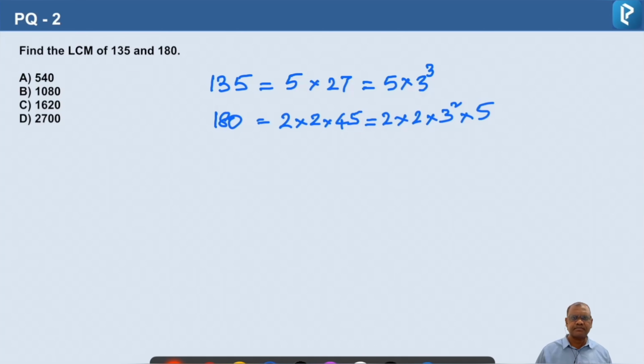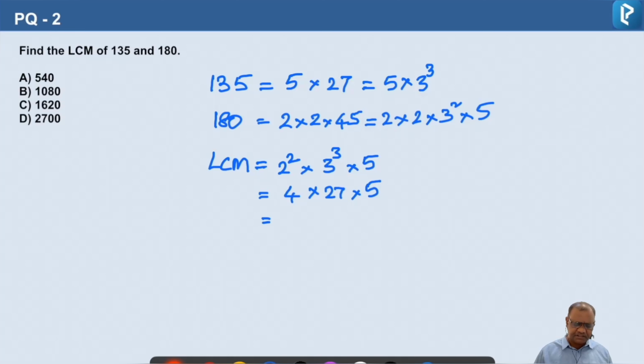Now, let us find the LCM by taking the highest powers of all the numbers. So, first of all 2, the highest power is 2 because 2 is 2 times. Similarly, 3 is 3 times the highest power and 5 is only 1 time. So, if you multiply them, 4 into 27 into 5.